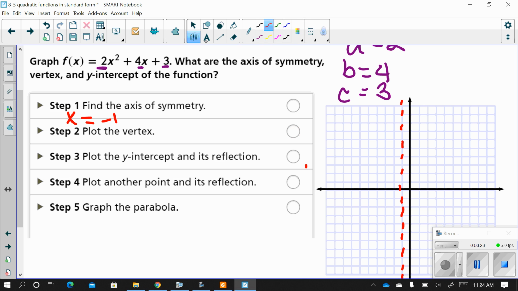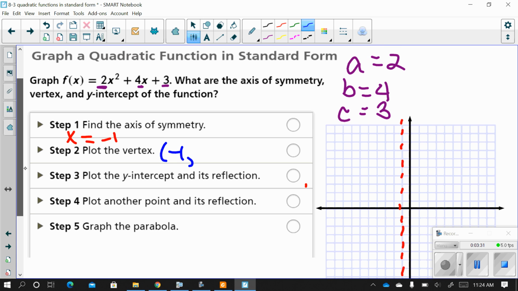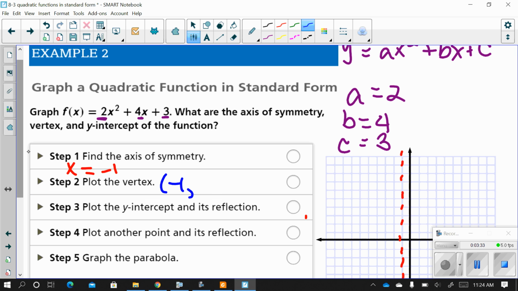The next thing we do is find the vertex. Well, this is half of the vertex. It's at the point negative 1, something. How do I find that y value? To find the y value, all I need to do is plug in negative 1 for x. Anywhere I see an x, I'm going to plug in negative 1. So 2 times negative 1 squared plus 4 times negative 1 plus 3. Negative 1 squared, remember, is just a positive 1.